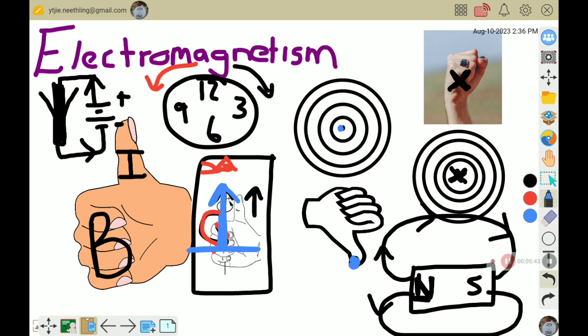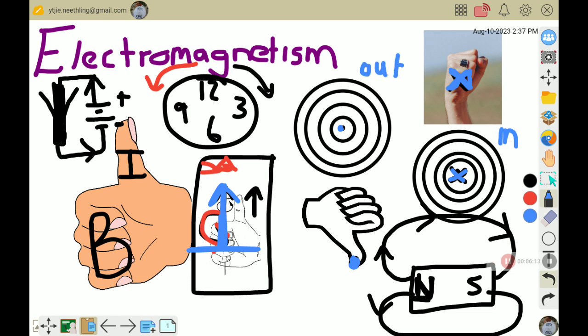If you look at the back side of your fist, you will see it makes a little cross there. So if we point your thumb inwards in the page, you will see the back of your fist, so you will see a cross. Then it goes into the page, and if you see the dot, out of the page.